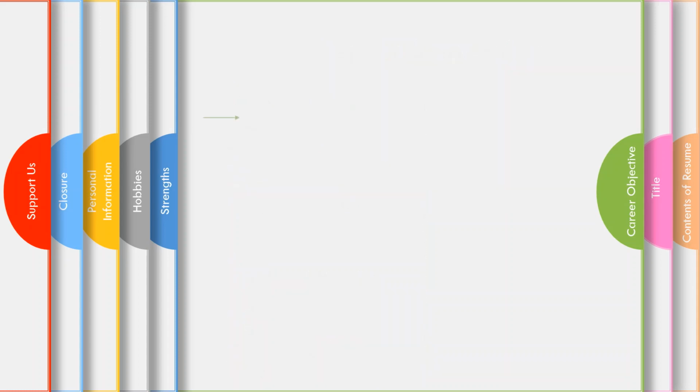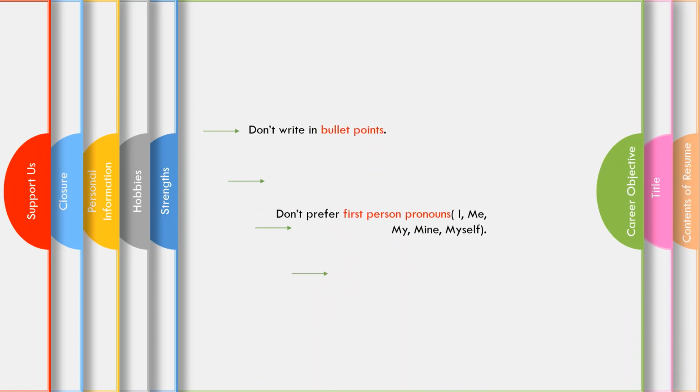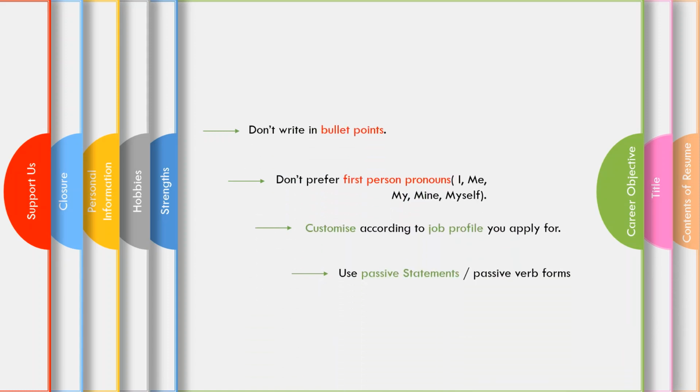Time for some basic discussions on career objective. Yes, it is mandatory, and career objective is written in 2 to 3 statements. It doesn't mean we can mention them in bullet points. It should be in continuous statements and form a small passage. The next one is, do not prefer first person pronouns like I, me, my, mine and myself.